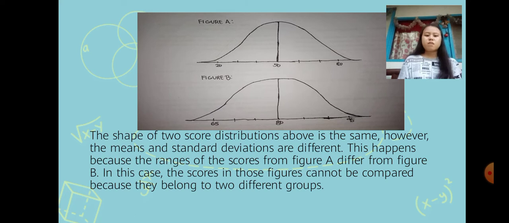The bell shapes of the two score distributions are the same. However, the means and standard deviations are different. This happens because the ranges of the scores in figure A differ from figure B. So in this case, the scores in those figures cannot be compared because they belong to different groups.